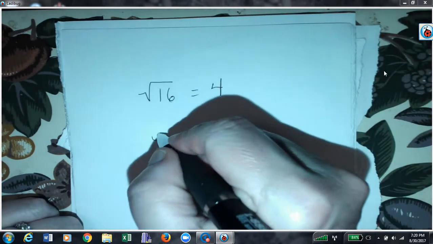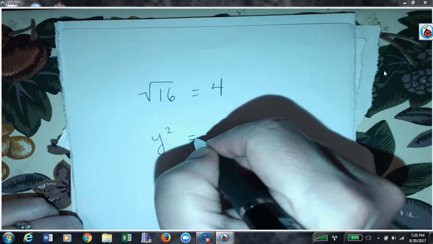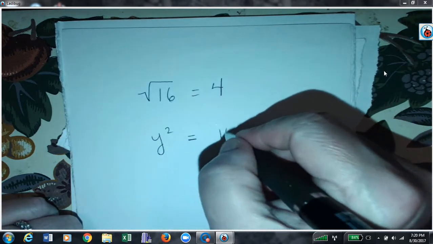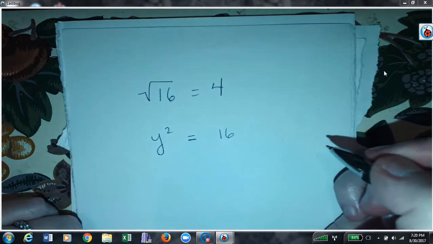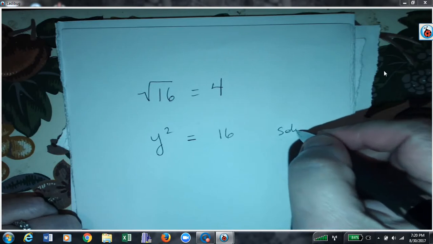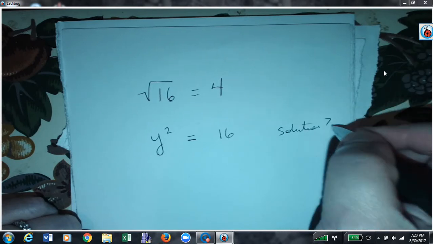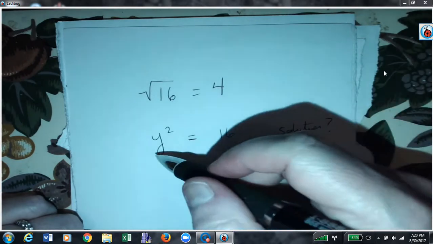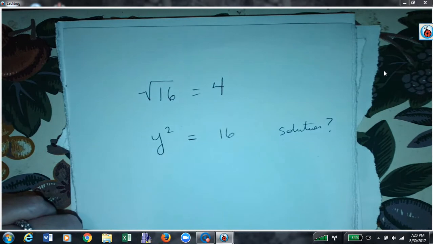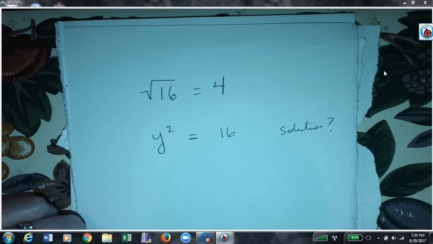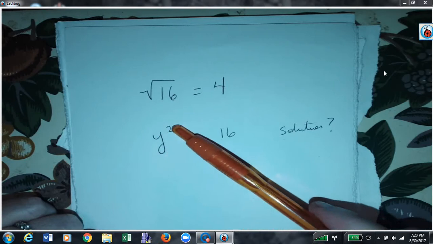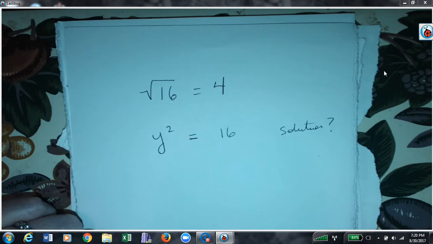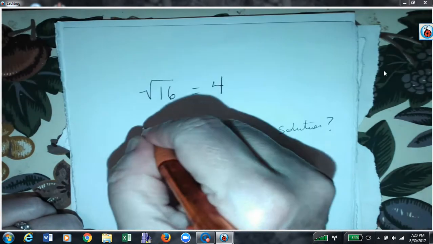But now, what is the solution to this particular problem? Well, if I solve this for y, I can get to y by taking square roots of both sides, because it's y squared.